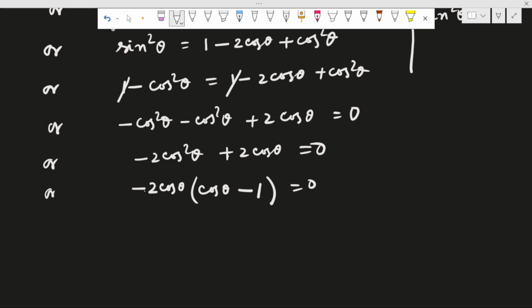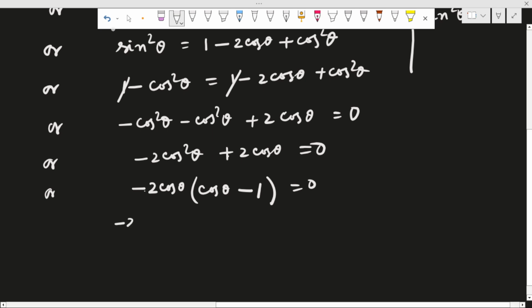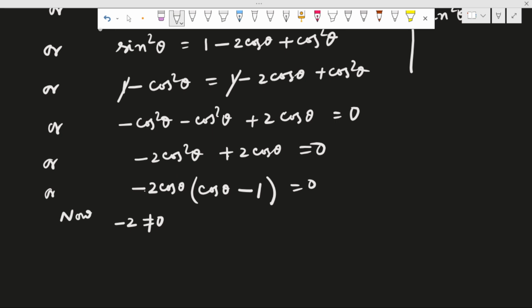The left hand side contains three factors. One is minus 2, which is not equal to 0, as minus 2 is a numerical value. After that, either cos theta equal to 0 or cos theta minus 1 equal to 0.